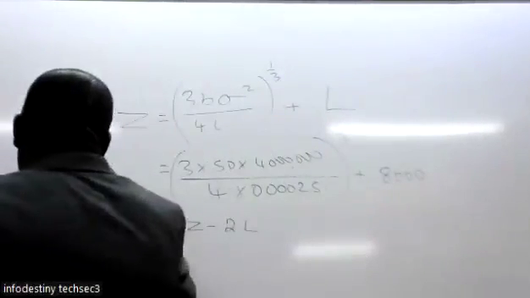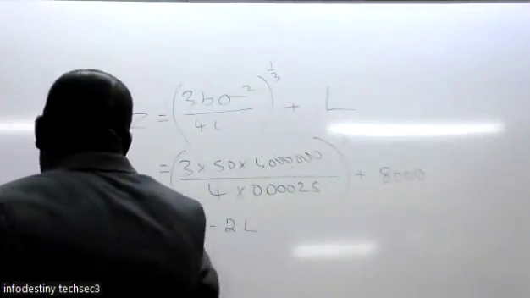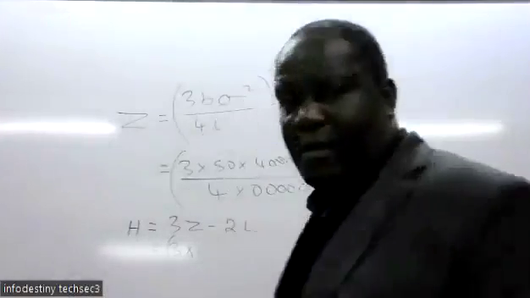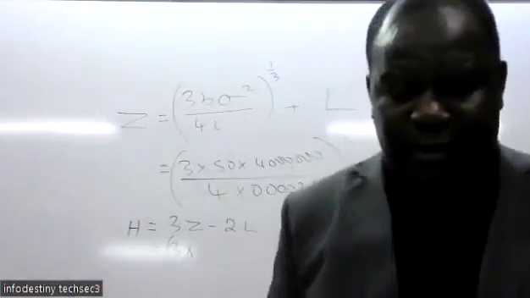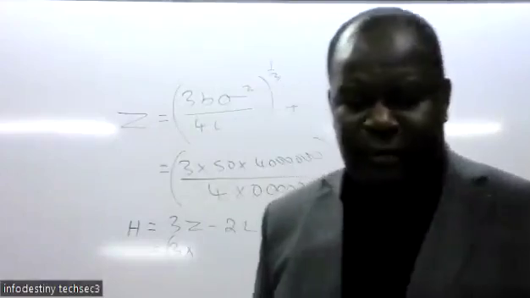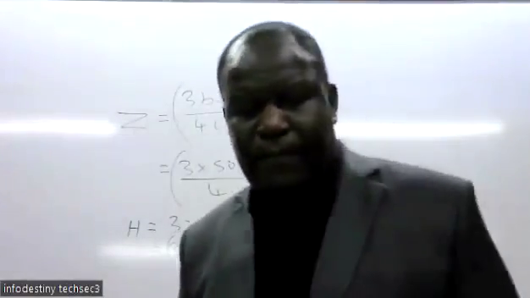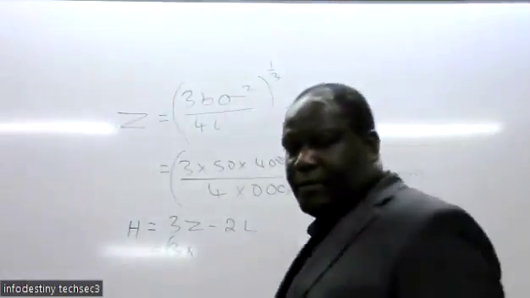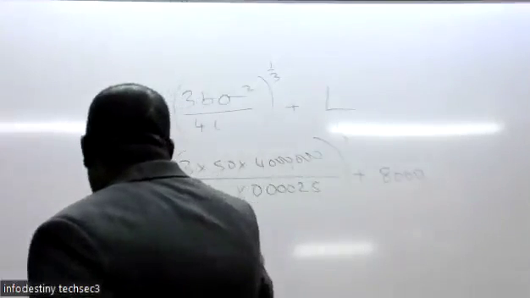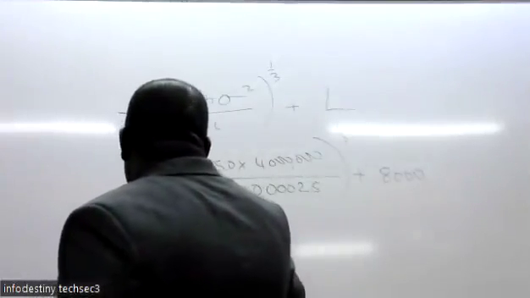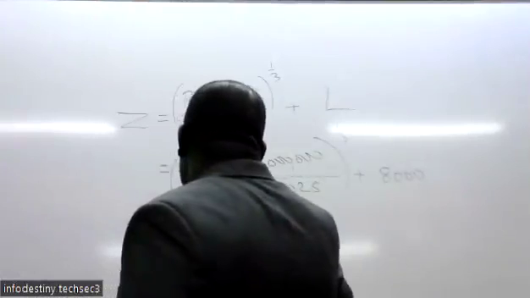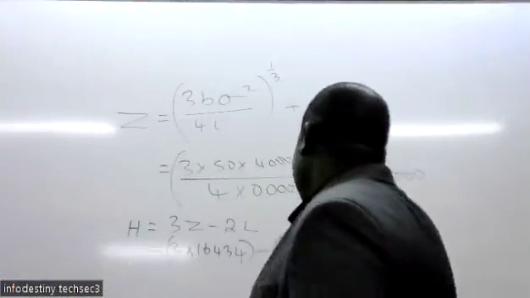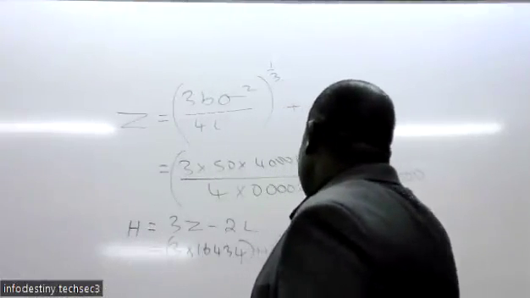So it will be equal to 3 multiplied by Z. Z you have just calculated: 16,434. Then you minus 2L. L was the minimum balance, which was 8,000.